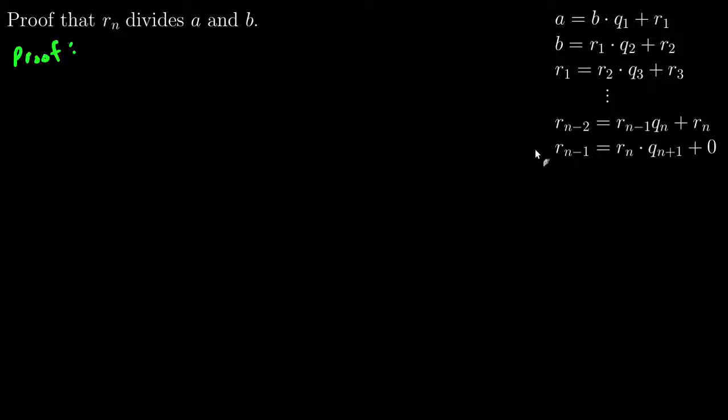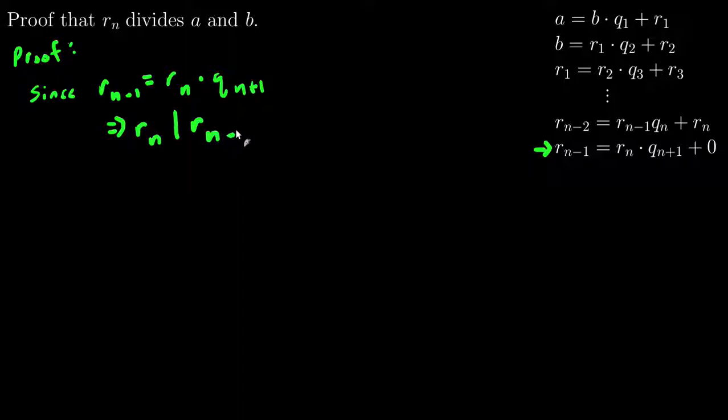If I look at this last line here, since r sub n minus 1 equals r sub n times q sub n plus 1, this means that r sub n divides r sub n minus 1. R sub n is a divisor of r sub n minus 1. That's great, but r sub n minus 1 isn't a and isn't b necessarily. So we keep going. Okay, let me change colors.